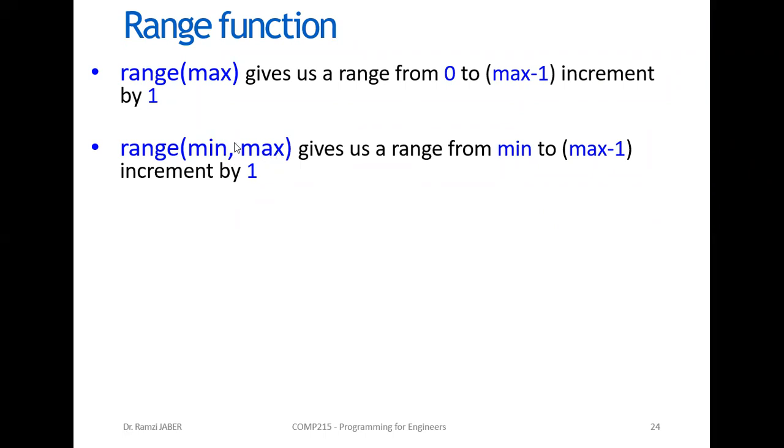If I put two numbers inside the function range, minimum, comma, max, I can start from any number I want, not only from 0. So it starts from minimum, the same as before, to maximum minus 1, also incrementing by 1.